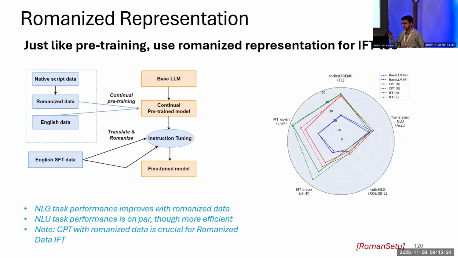And one thing to note is CPT with Romanized data is crucial. So if the model has not seen Romanized data in pre-training, more likely than not, it would not be able to recognize those Romanized representations. So if you have done Romanization during CPT, doing it in the instruction following stage helps the model performance boost even further.